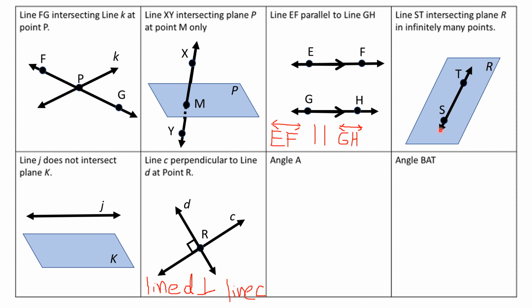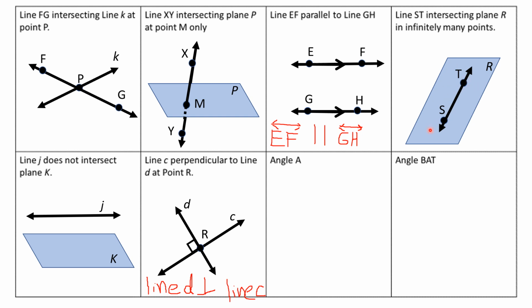In this case, ST is in the exact same plane as plane R. Imagine just sort of setting your pencil down on a piece of paper. You could say that your pencil is in the same plane as your sheet of paper.